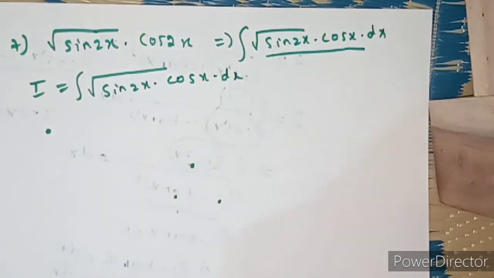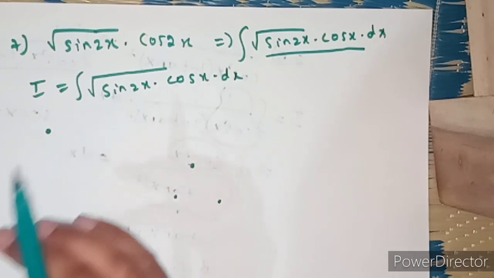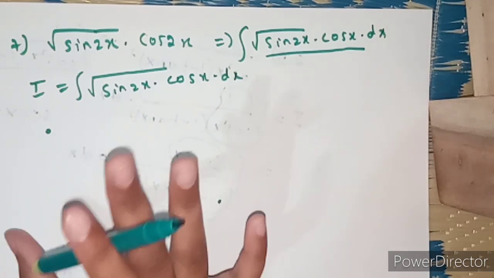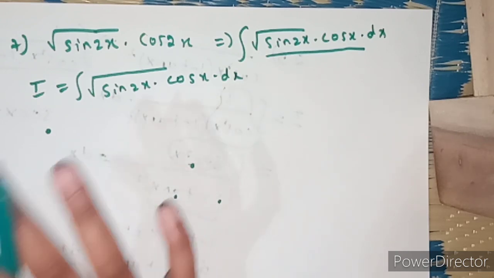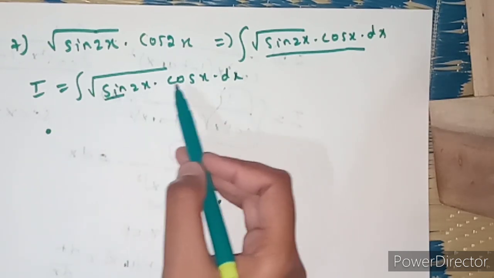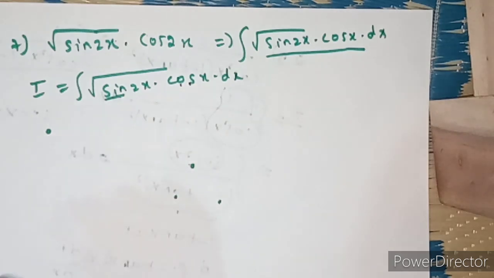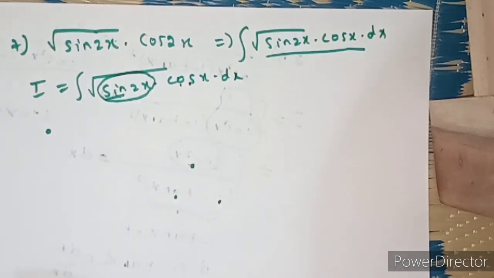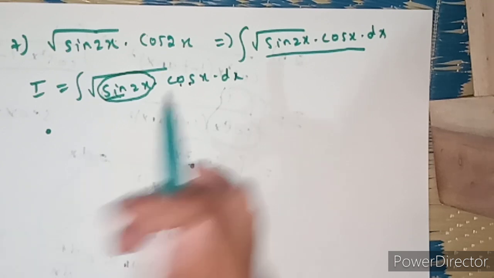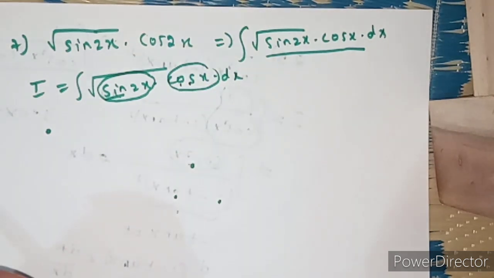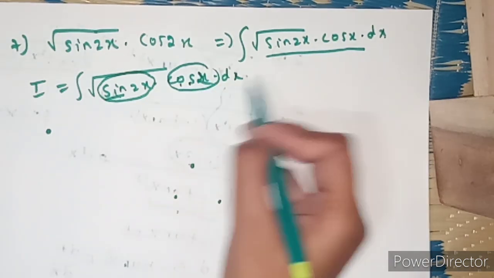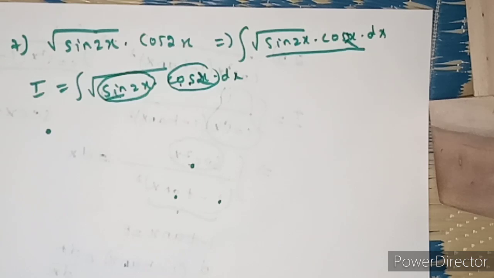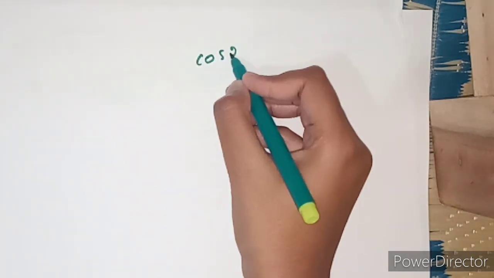Now we have to look for the function, so that by putting that function as t, we can solve the integral very easily. So derivative of sin is cos, and derivative of cos is sin, but I am taking this function as t. Why? Wait, I'll show you. Here cos 2x, cos 2x is equals to t.